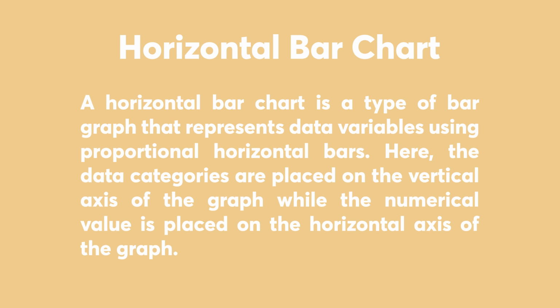A horizontal bar chart is a type of bar graph that represents data variables using proportional horizontal bars. Here, the data categories are placed on the vertical axis of the graph, while the numerical value is placed on the horizontal axis of the graph.